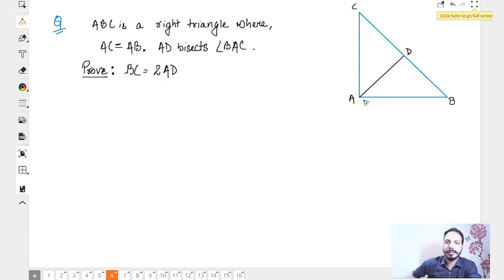Okay. And it's given that this angle is equal to this angle and this angle is given as equal to this angle.